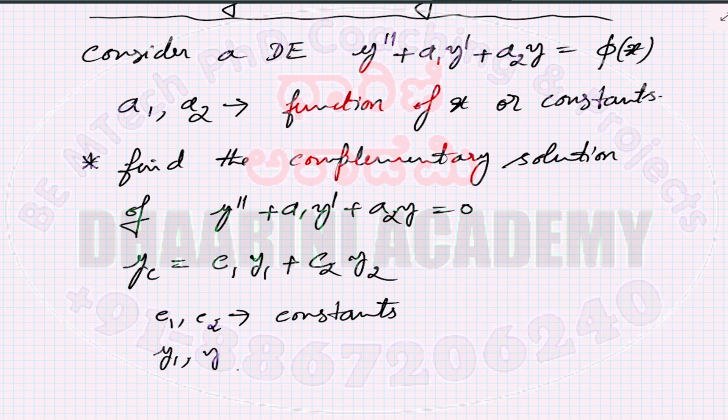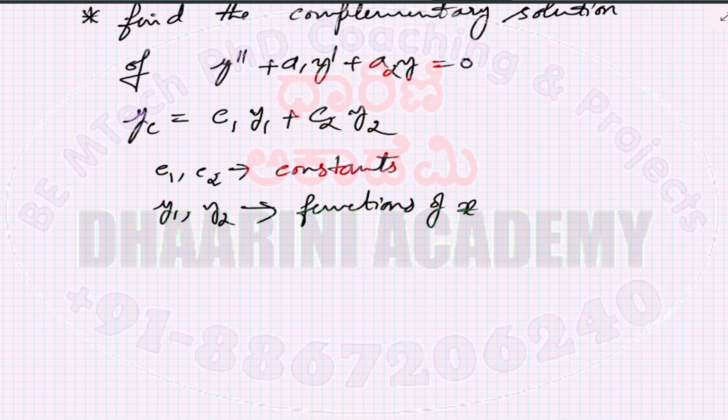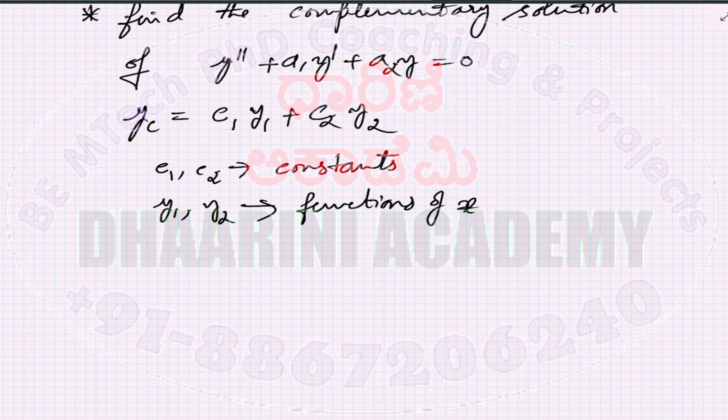Now our intention is to get the complete solution from the yc itself. We don't have to find the yp. The particular solution is not required to be found here.